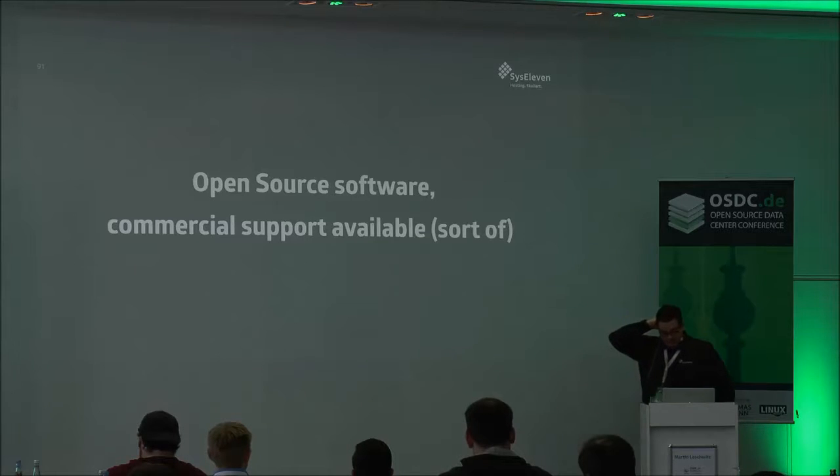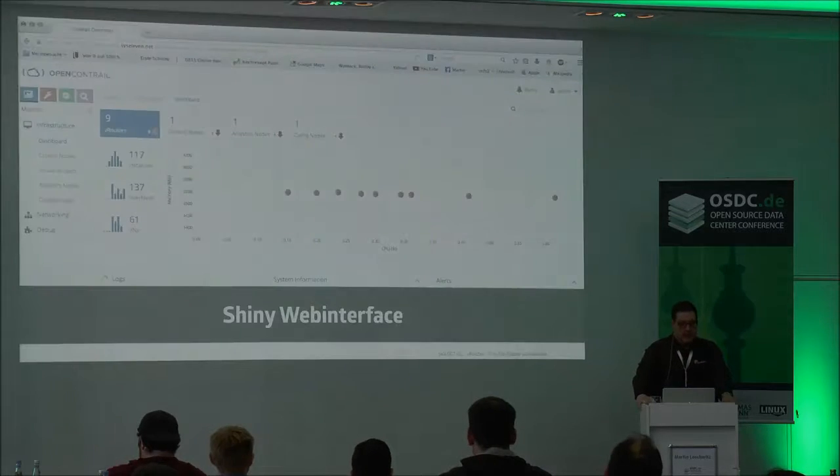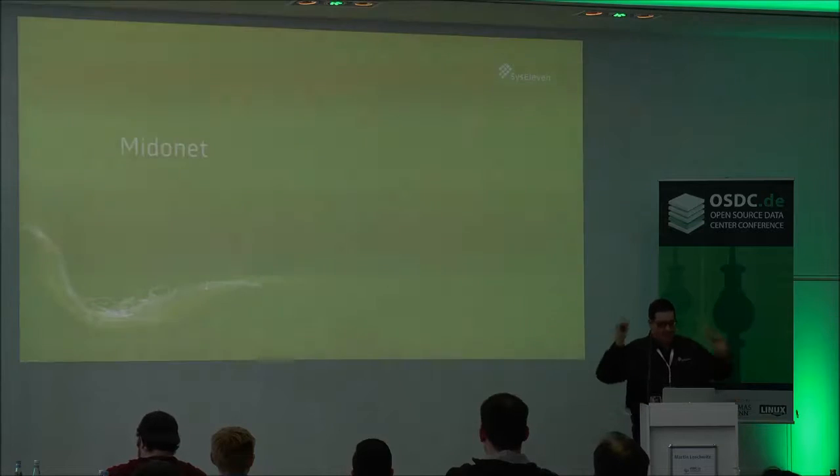There is commercial support available in a certain way. We were never able to actually find the one product inside Juniper, though, that would have given us this support. So we had contact to multiple people, and they weren't able to actually just sell us some sort of commercial support for this solution. You have a shiny web interface, though. So if things don't work, you can still click on the web interface and hope something gets better.